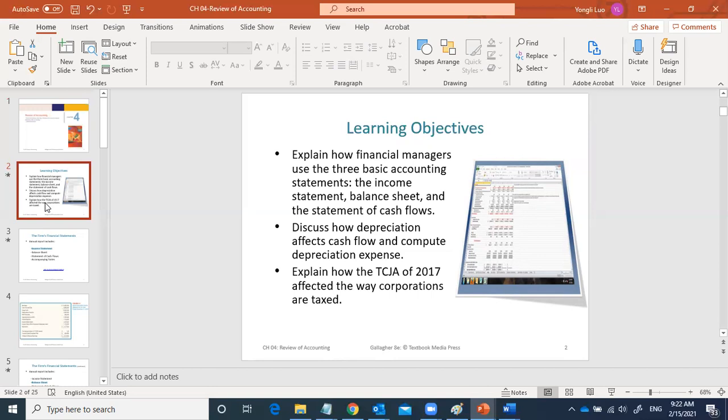Two, discuss how depreciation affects cash flow and compute depreciation expenses. Three, explain how the Tax Cuts and Jobs Act of 2017 affected the way corporations are taxed.